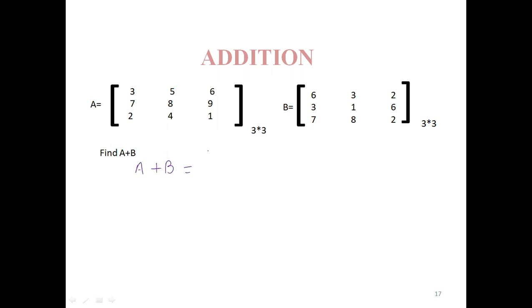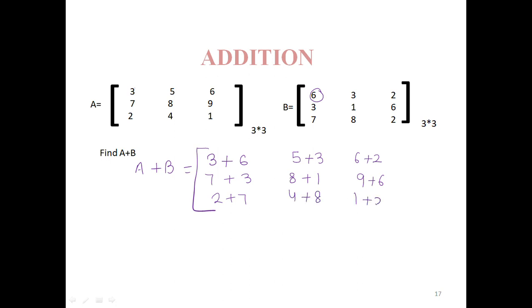A plus B is equal to: we add the first element of the A matrix, that is 3, plus the first element of the second matrix, that is 6, and like this the other elements are added: 5 plus 3, 6 plus 2, 7 plus 3, 8 plus 1, 9 plus 6, 2 plus 7, 4 plus 8, 1 plus 2, and the order is 3 by 3.